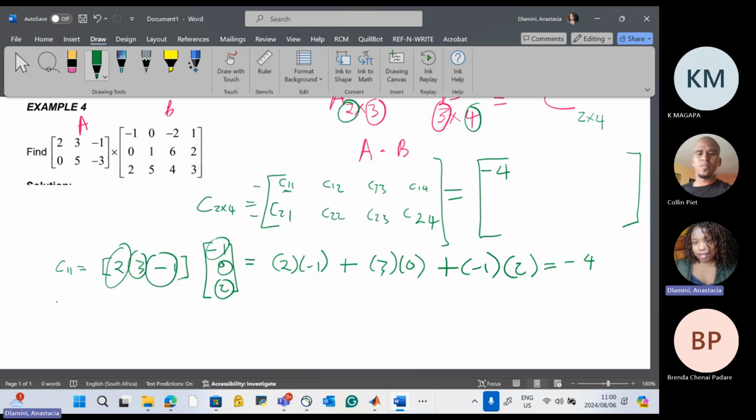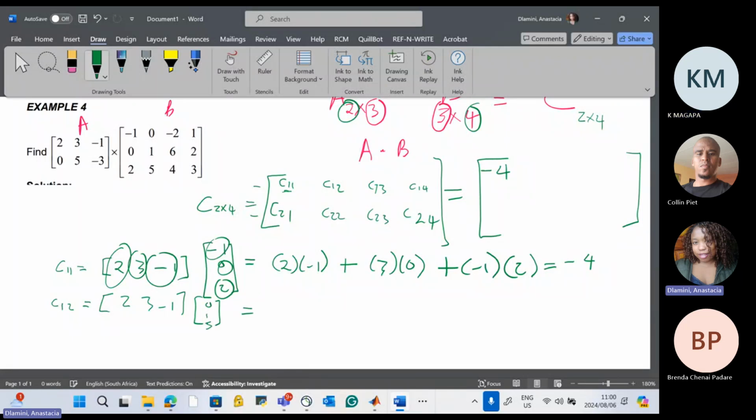Can someone tell me C12, what am I going to take? Row 1, column 2. Row 1, which is 2, 3, negative 1. Column 2, which is 0, 1, 5.